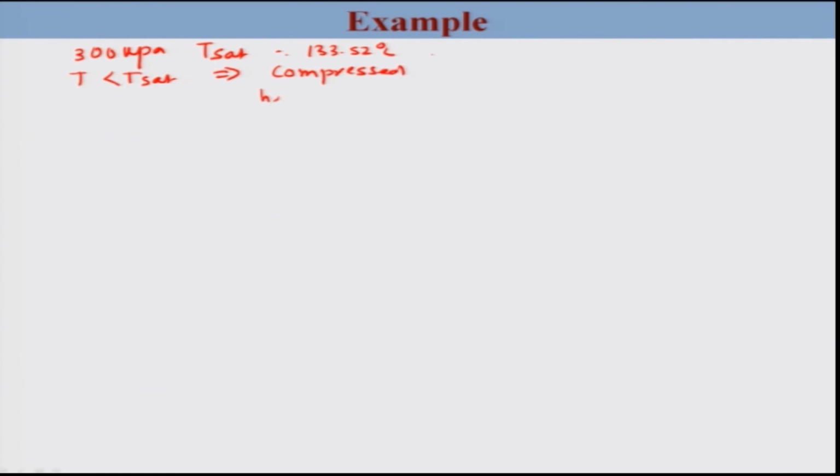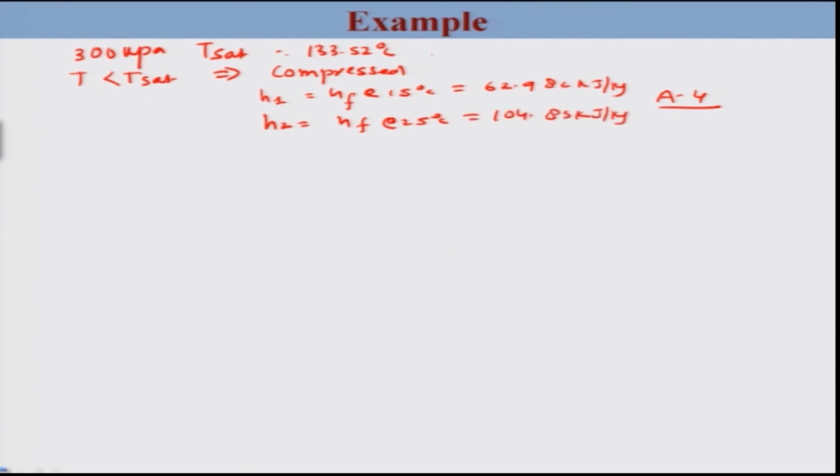In that case we can consider H1 to be simply the saturated liquid condition at 15 degrees Celsius and H2 as hf at 25 degrees Celsius. You can get this information from table A4, and these values are 62.982 kilojoules per kg and 104.83 kilojoules per kg. So the water is known.